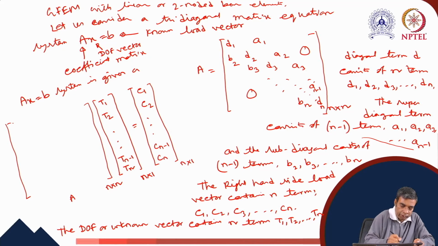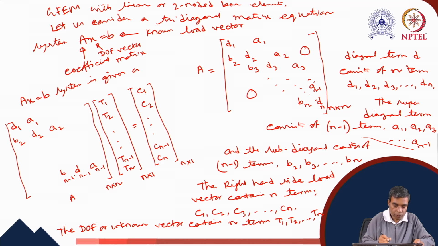In the first row, we have D1, A1, remaining terms all 0. In the second row, we have B2, D2, A2. In the n minus 1th row, we have A n minus 1, D n minus 1, B n minus 1.